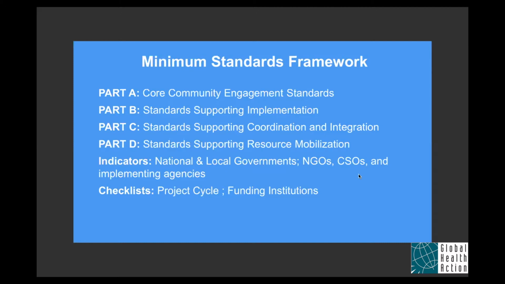This project cycle checklist is centered around the standards and their application, providing simple questions that help ensure we are covering the actions we want to build into that program and aligning across the standards. The other checklist that is also unique is the funding institutions checklist. From the programming perspective, and as organizations that work in community engagement, what are the considerations we need to think of when funding community engagement interventions?